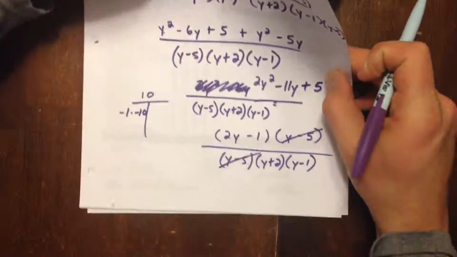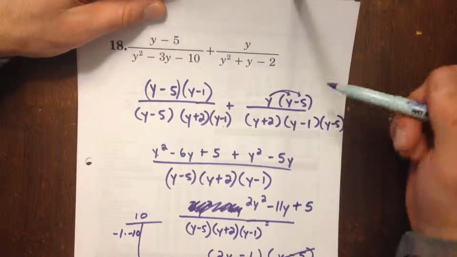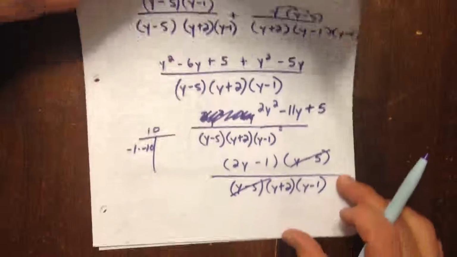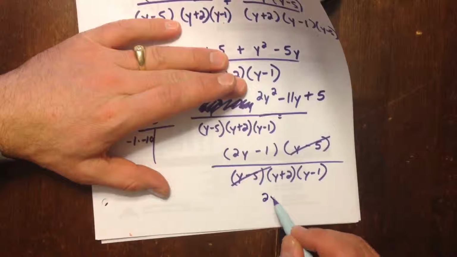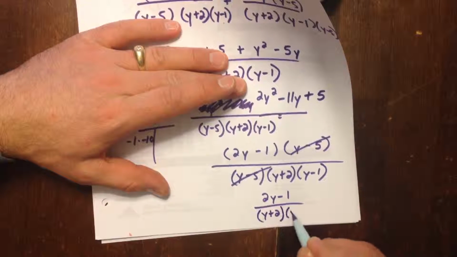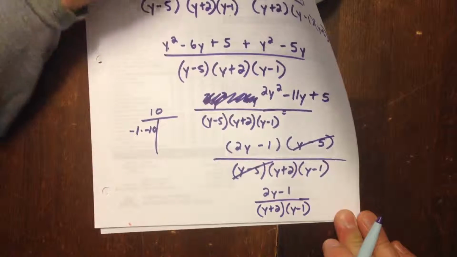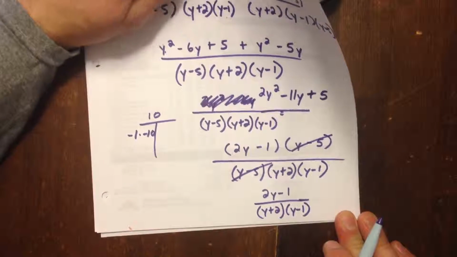And in the very end, I'm doing this in presentation, but I'm using a whole piece of paper here. Okay, so I have 2y minus 1 over y plus 2 and y minus 1. And it also took me 4 minutes.